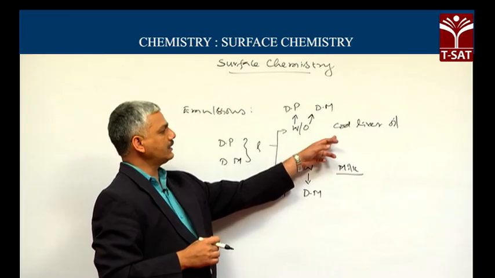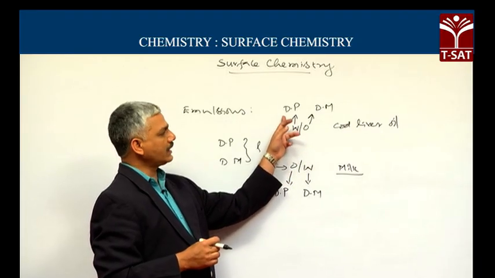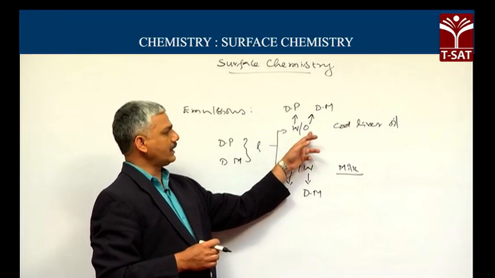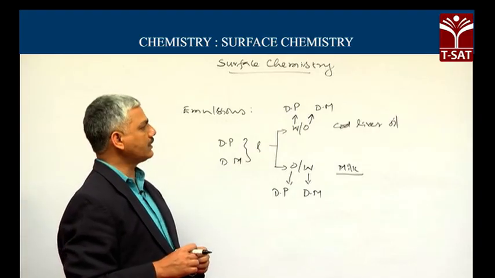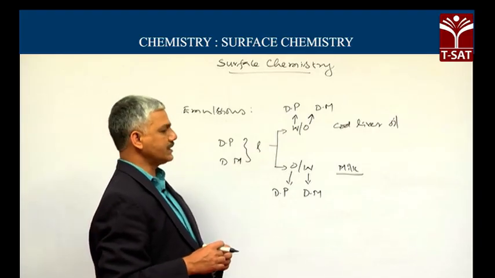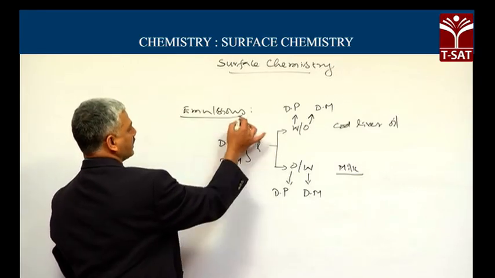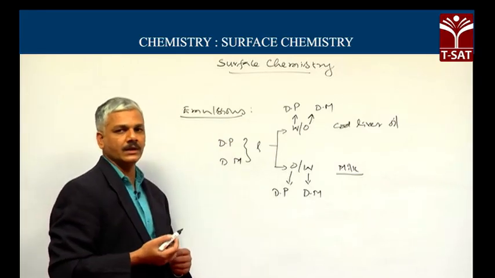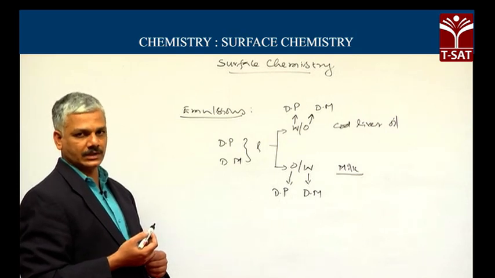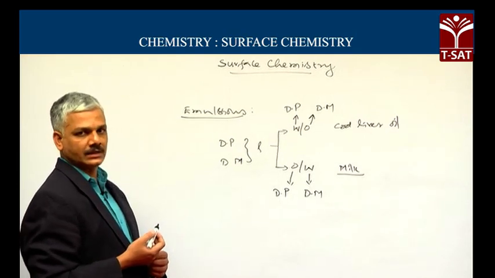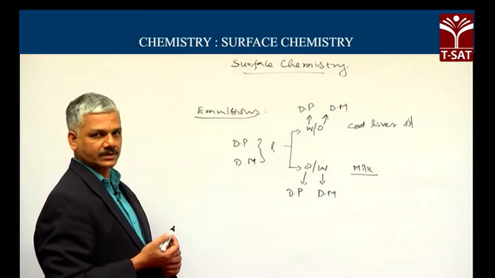In cod liver oil, salt water will act as the dispersed phase while the liver oil of the fish cod acts as the dispersion medium. All emulsions come under the category of lyophobic colloidal solutions and hence these are unstable in nature.